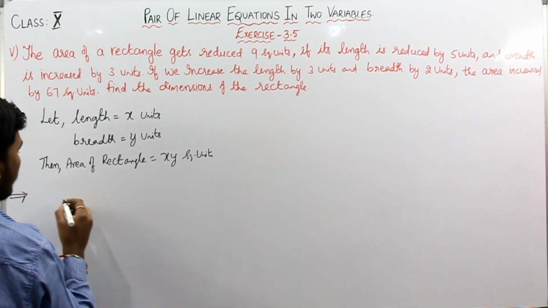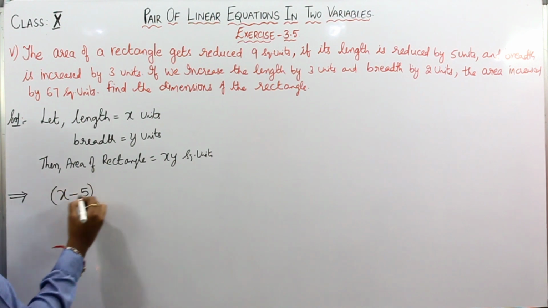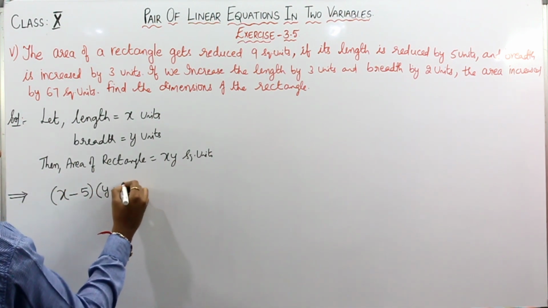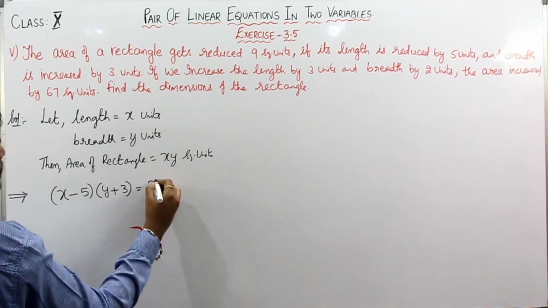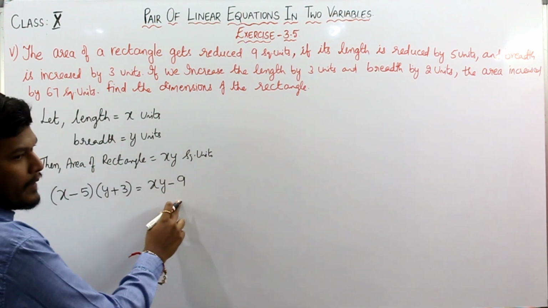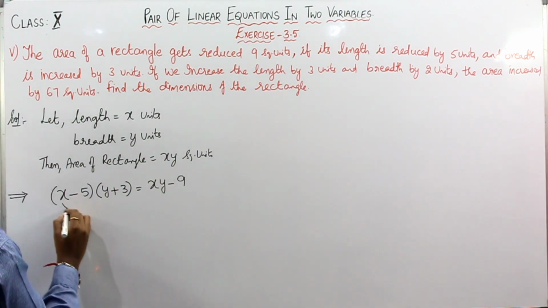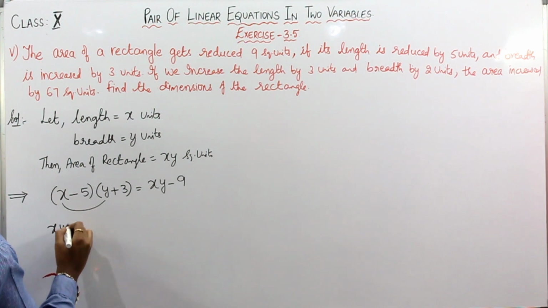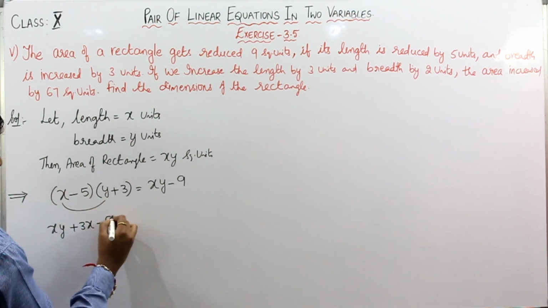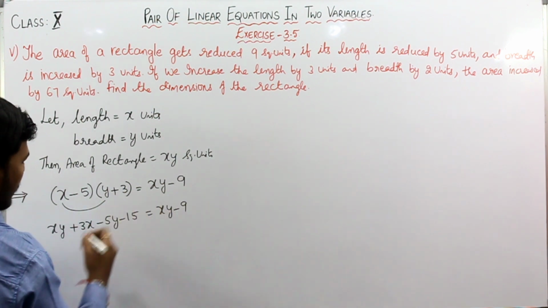Okay, now what is the first case? If length is reduced by 5 units, length is x minus 5 because it is reduced, and breadth is increased by 3 units, y plus 3, and the area gets reduced by 9 units. Area is xy, it is reduced by 9 units, that's why minus 9. So now multiply this: x into y is xy, plus 3 into x is plus 3x, minus 5y minus 15 is equal to xy minus 9.